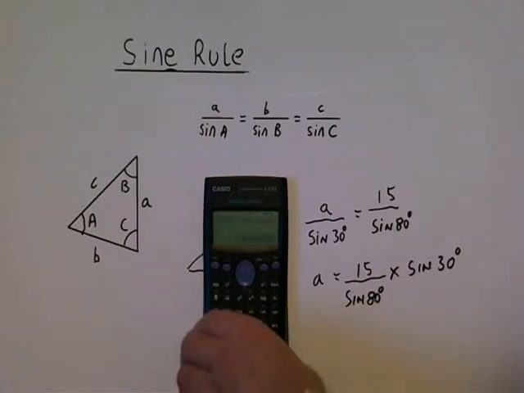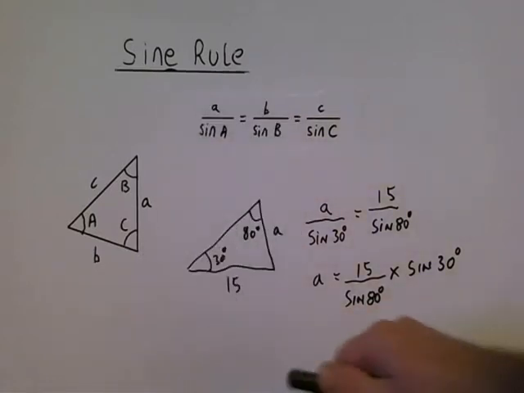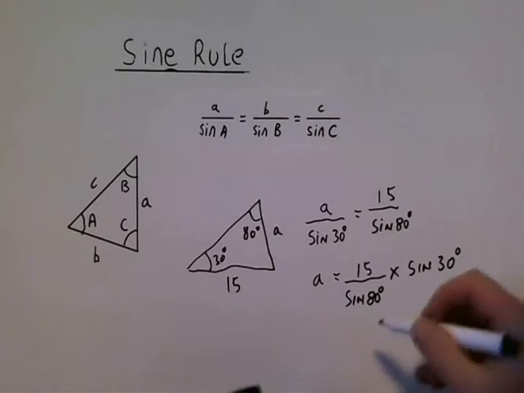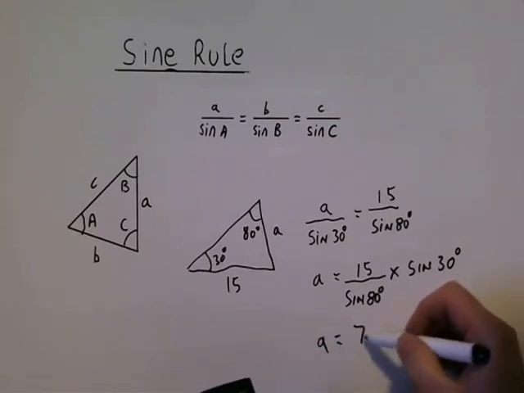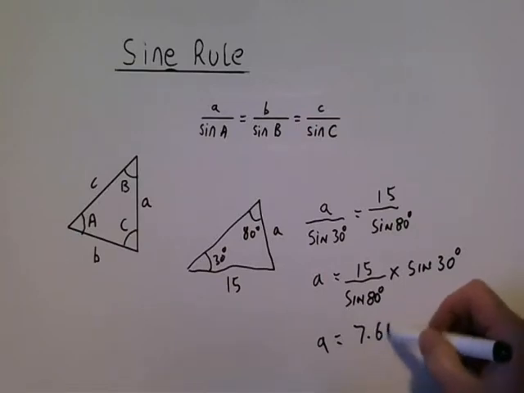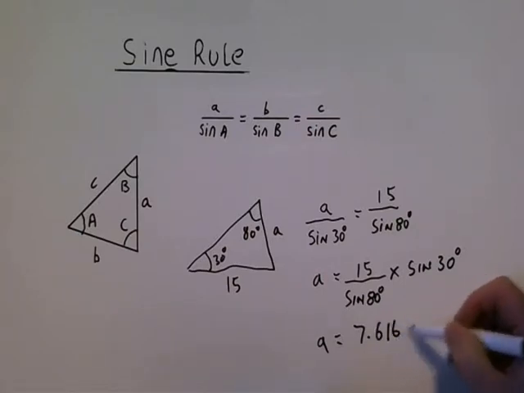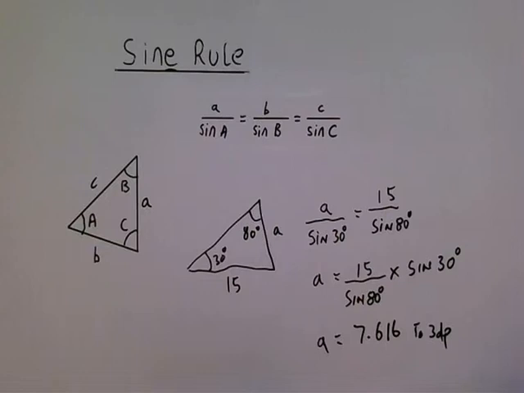I'll do it to 3 decimal places. a equals 7.616 to 3 decimal places, and that's how that works. I'll do a couple more examples.